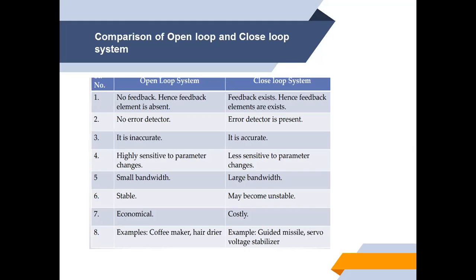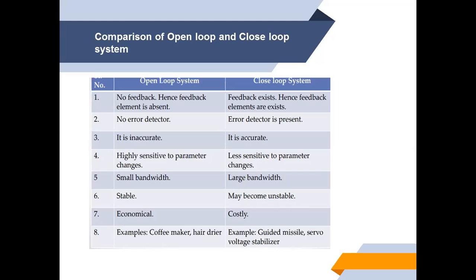Examples of open loop system are the coffee maker, or a system in which for a particular duration we set a timer and after that the system is stopped. A time dependent system is mostly an open loop system, for example, the coffee maker.